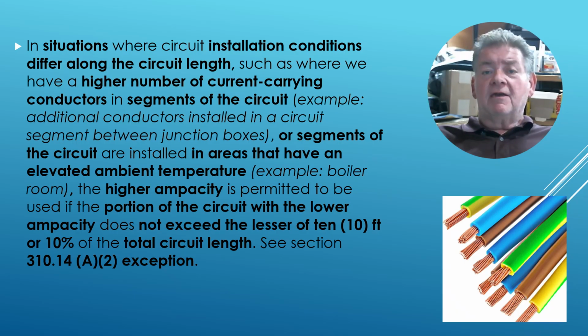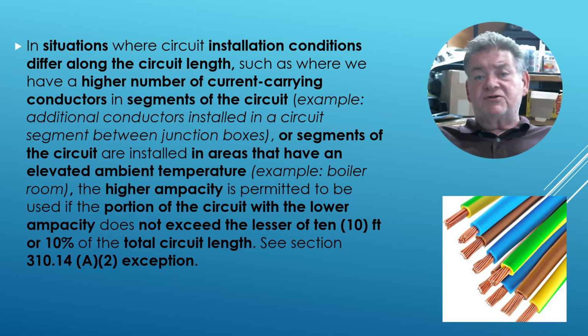Point being, maybe we have 3 current carrying conductors in part of the circuit and 9 current carrying conductors in another part of the circuit. We drop one circuit off at a certain location and we continue the other circuit to our intended location. Or maybe the pipe run has to cut through an area with an elevated temperature. Maybe it has to cut through a boiler room, or a mechanical room, or an attic, or whatever.